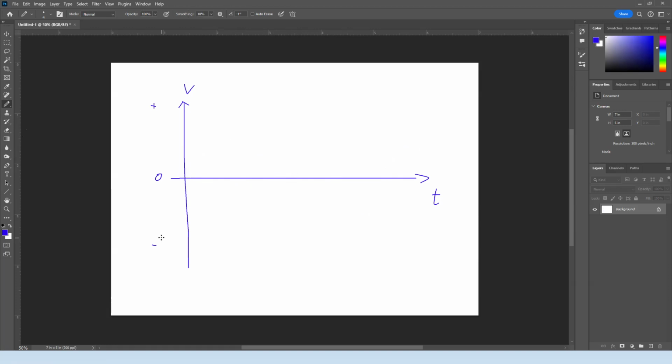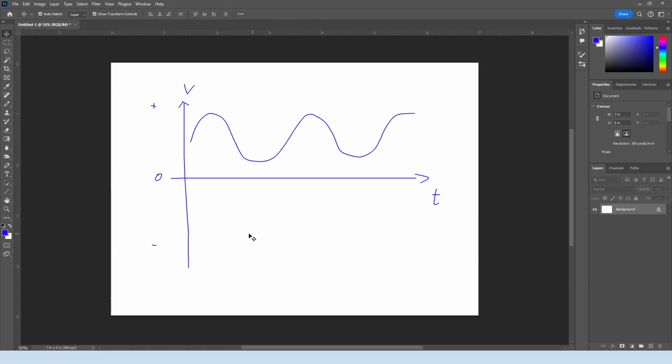Now, let's see here. If we have that going on, is this an AC? Well, yes and no. Yes, because it's not constant. But is it considered technically AC? No, because the terminals do not change polarity. They might have a higher or lower value, but they still remain on the plus side.